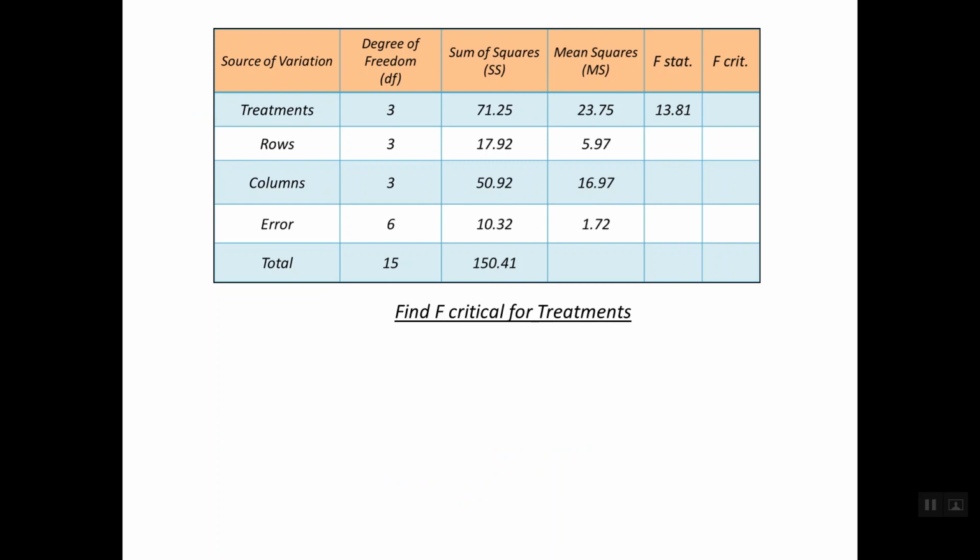Now the remaining step is to find the value of the F critical for the treatments. In order to determine this value, we need to know three things. First, we need to know the probability, which is simply the area to the right of the F critical, which is equal to the significance level, 0.05. It's already given in our question.